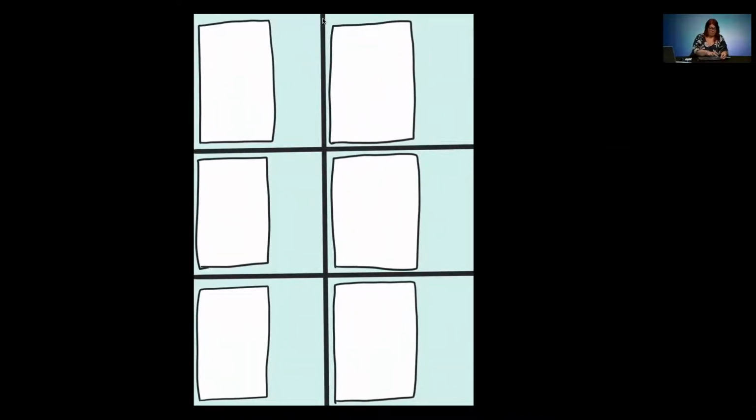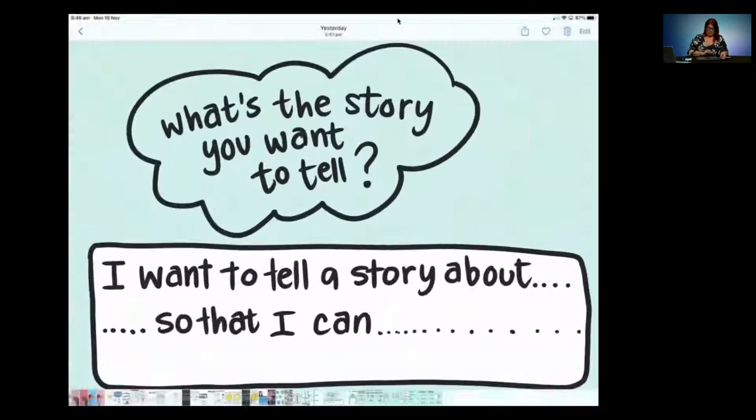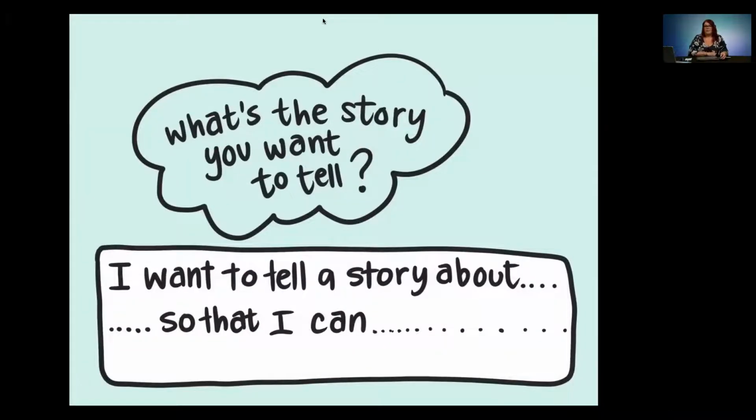Okay, so where we're going to go to next is actually having a go at this. So I want you to think about what's the story that you want to tell. So keep this paragraph in mind, and I want you to have a go at crafting what you want to write about today, what you want to be prototyping and having and drawing today.